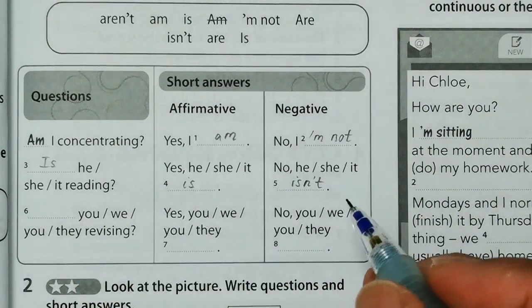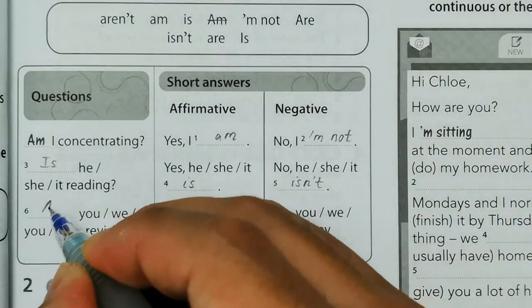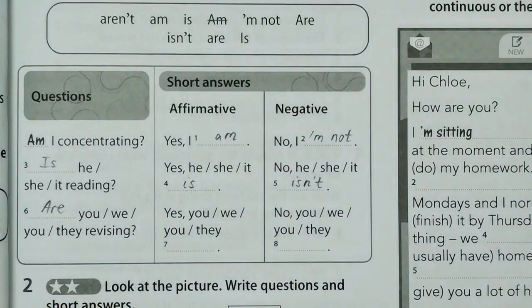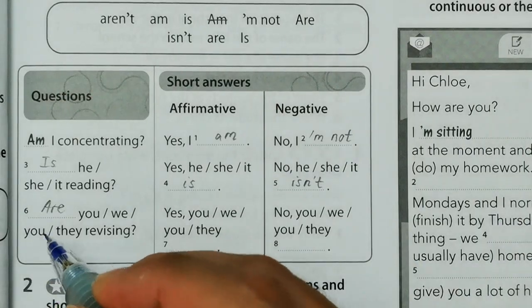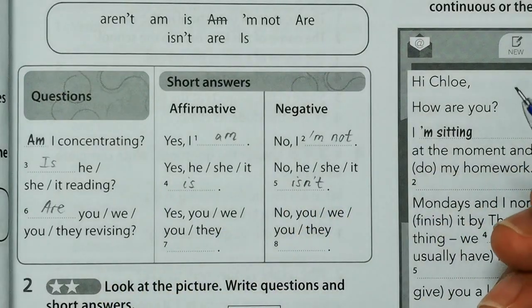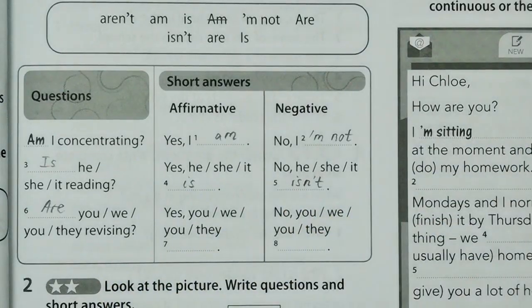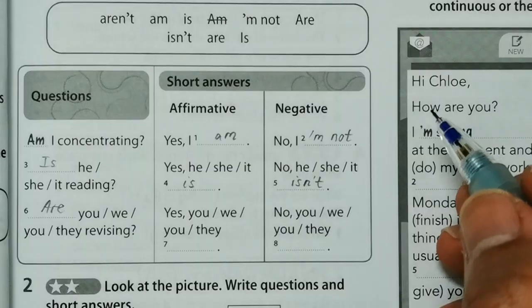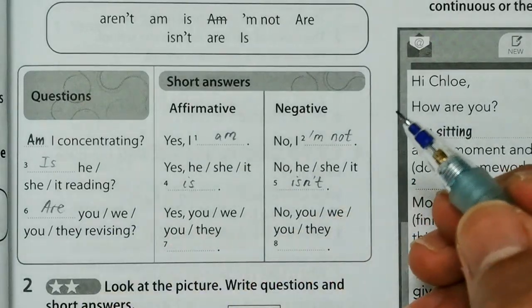And then number 6, we have are you revising, are we revising, are they revising. So this you means many people here as compared to this one. And then we have short answers, yes, you. So just invert these 2 words here.